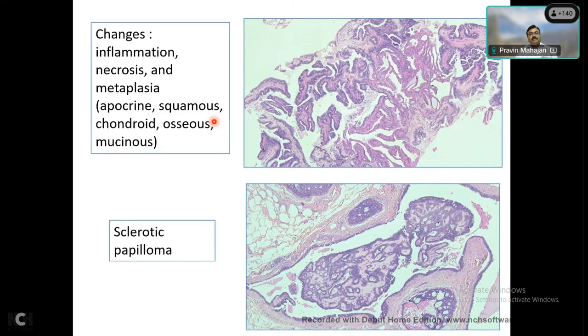You can also see metaplasias in the intraductal papilloma, which can be of apocrine type, squamous type, or rarely you can have chondroid, osseous, or mucinous metaplasia. In any papillary lesion, once you start to see apocrine metaplasia like this, you should suspect that this is a benign intraductal papilloma. Some papillomas can show very sclerotic fibrovascular cores, so you start to call them sclerotic papilloma.